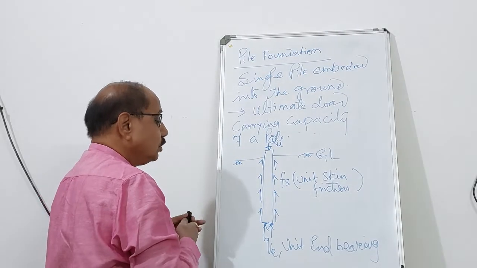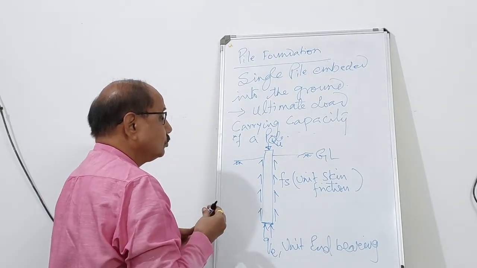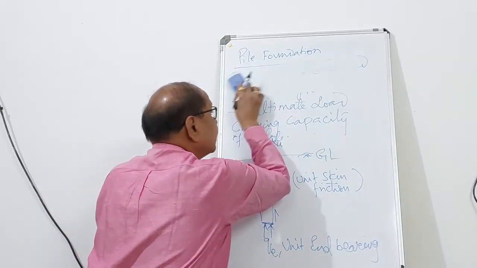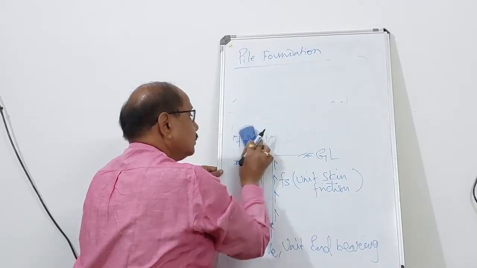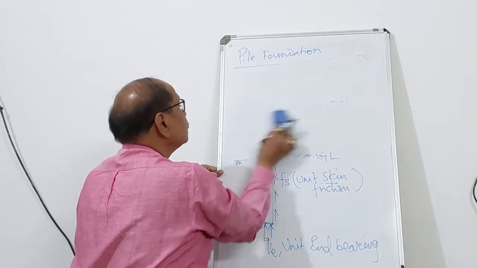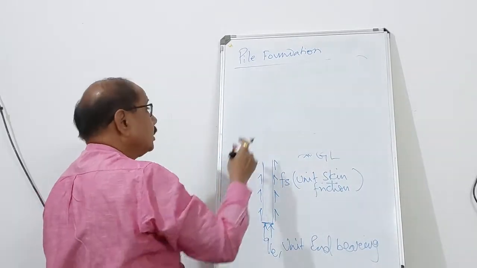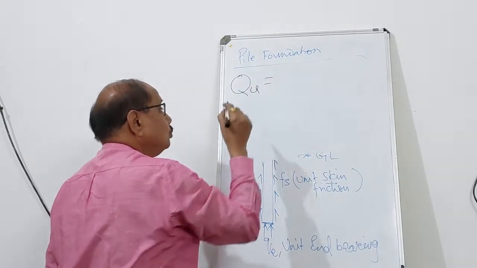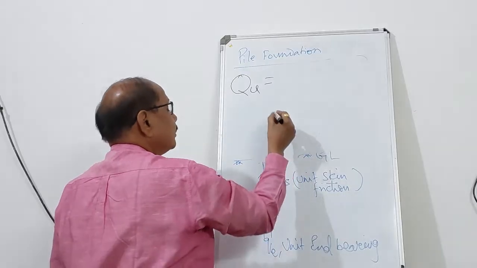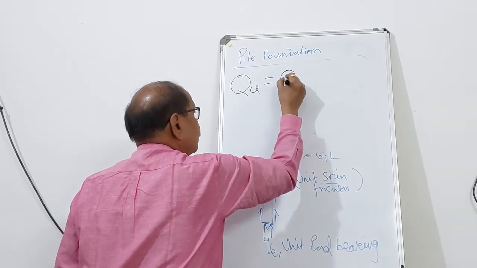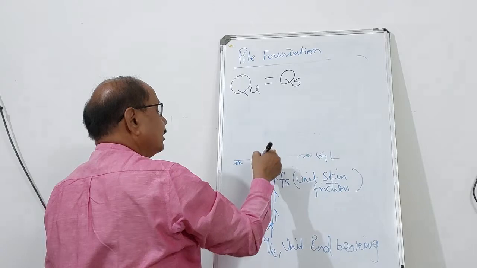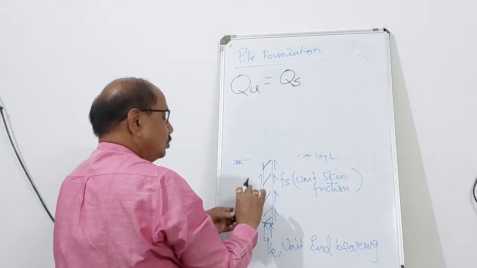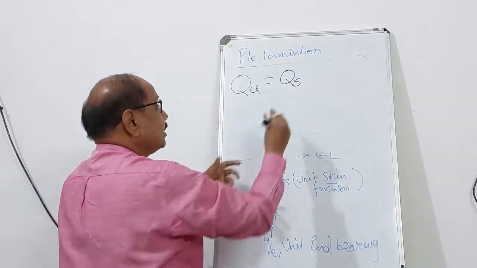Therefore, if you want to find out the ultimate load carrying capacity of this pile, let's say it is Qu, it is given by the load transfer through skin friction, that is through the pile shaft. This is the pile shaft. So over the pile shaft, what is the skin friction?